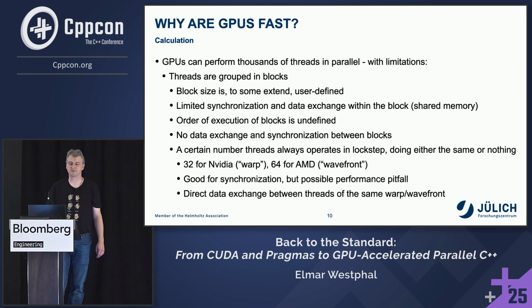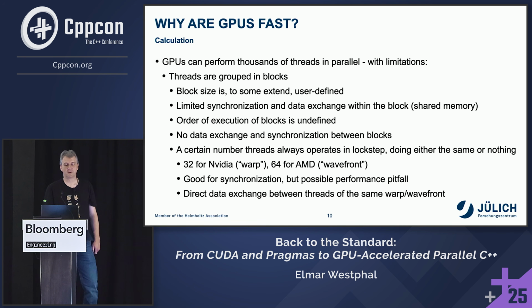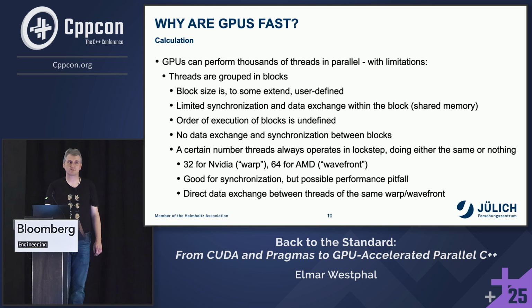That's a system called a warp or a wavefront, depending on the manufacturer. And currently, it's either 32 or 64 threads. This is good for synchronization, and there is direct data exchange between threads within a warp or wavefront, but that's not what this talk is about.